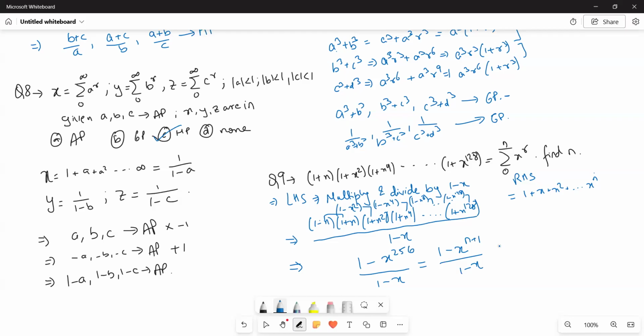So now comparing both the sides, what can we conclude? N plus 1 must be 256. Therefore, n is 255. That would be the answer.